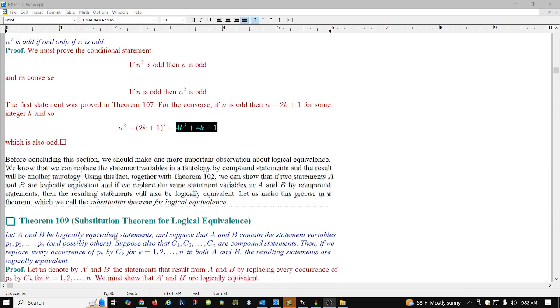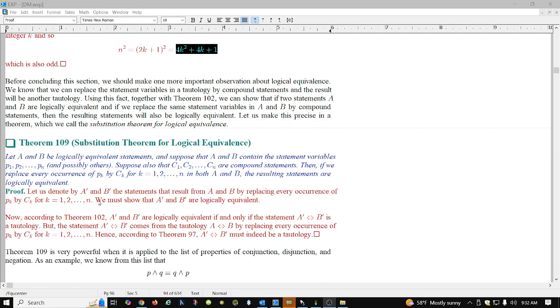So I'm just going to read the theorem to you, and I'm going to leave the proof for you. Let A and B be logically equivalent statements, and suppose that A and B contain the same statement variables, P1 through Pn, and possibly others. Suppose that C1 through Cn are compound statements.